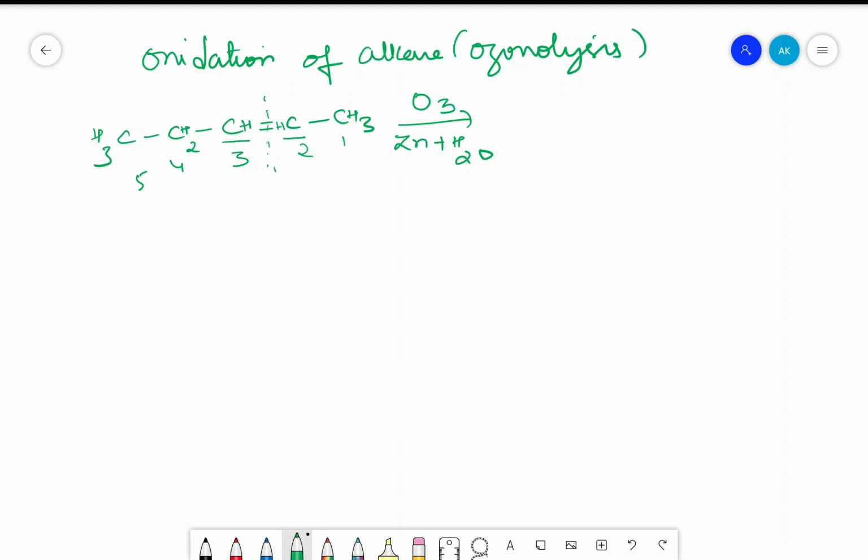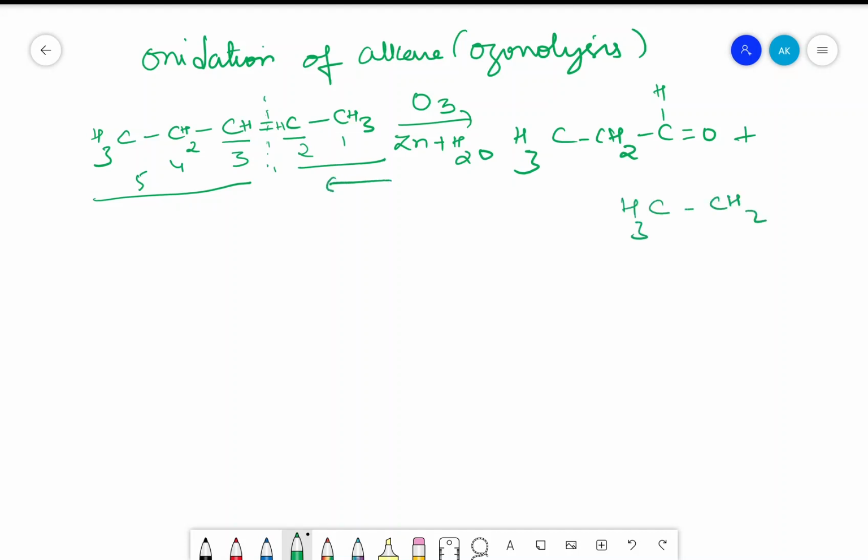That means we will get this part as it is, that is CH3, CH2, CHO, plus this part with double bond O, that is CH3, CHO.